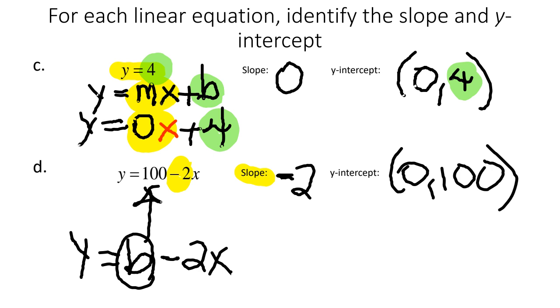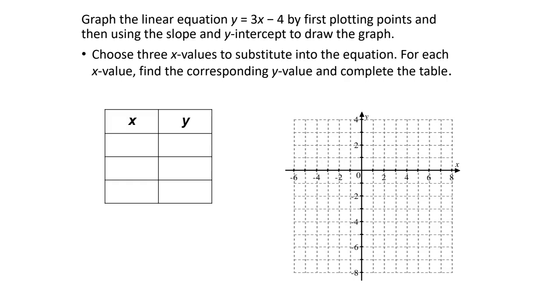Now, this is saying graph the equation y is equal to 3x minus 4. Now, if you look in this x column, I don't have any values. Well, this is where you have to remember 2 points make a line.